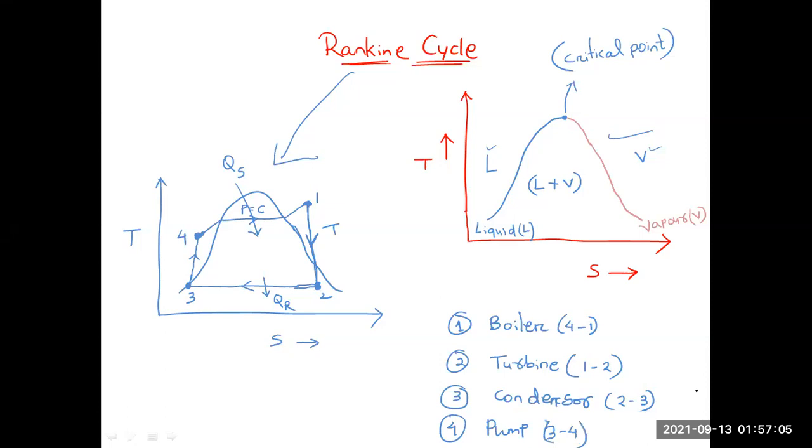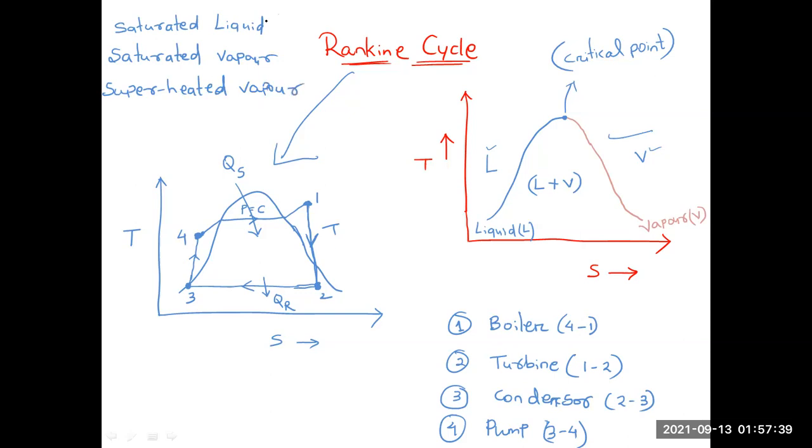Now here, in the problem, you will get some terms. I will tell you some terms you have to remember how to find out in the T-S diagram. One is saturated liquid. Second one is saturated vapor. And one more is superheated vapor.